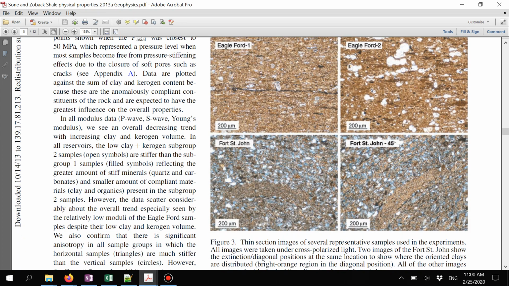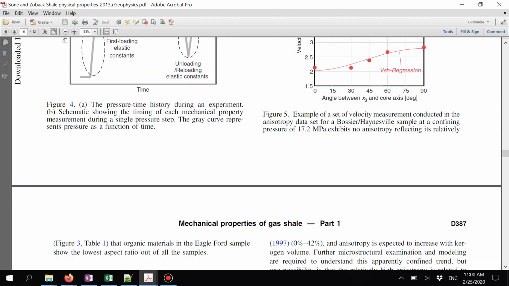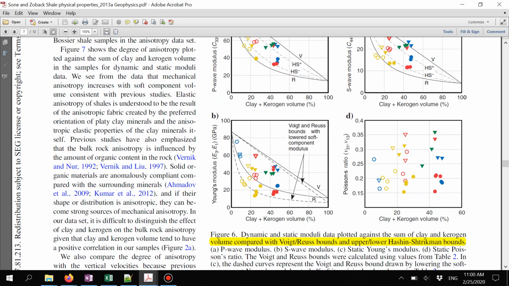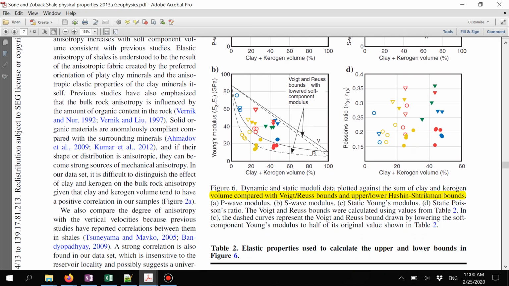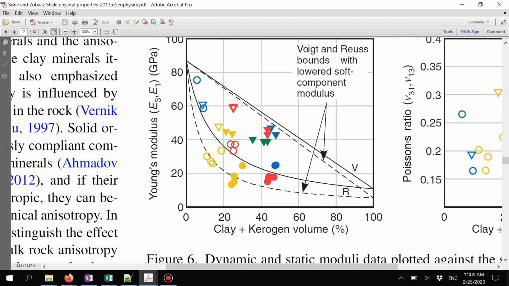And here you have an example of those measurements, which are done very similarly to what you have done already in the laboratory. Let me zoom in on this plot a little bit more. All right, that's good.